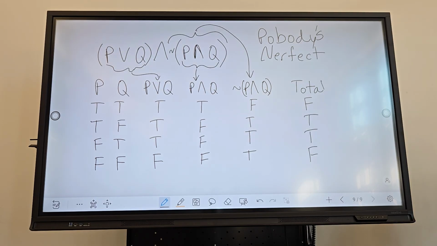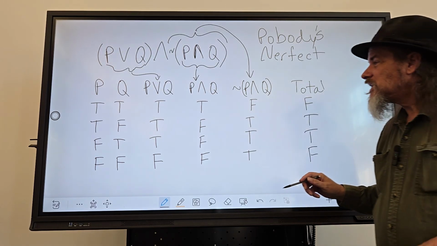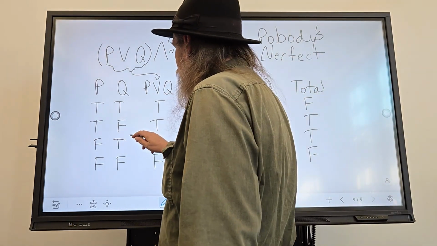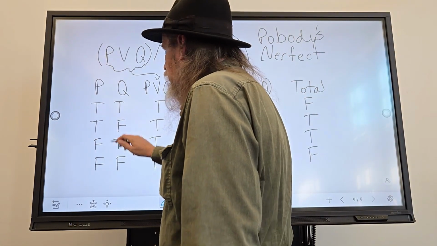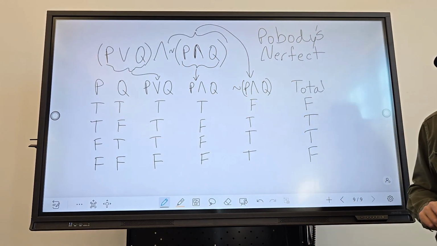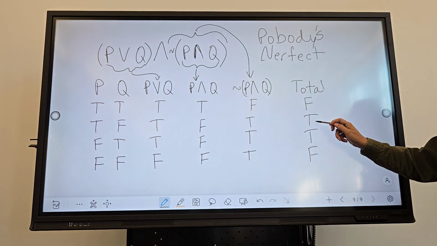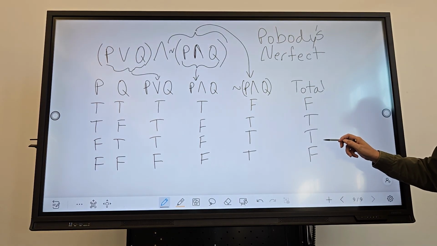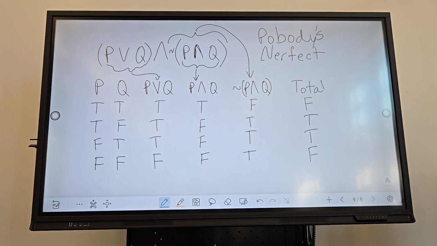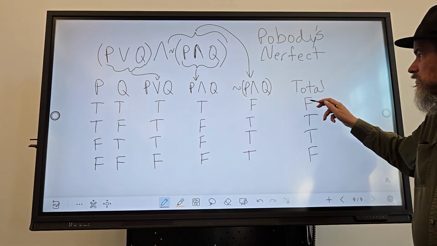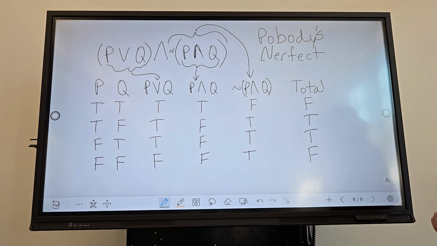Exclusive OR. That's an exclusive OR. It's true if one or the other is true, but not both. If only one is true, then the final statement is true. If they both match, it is false.